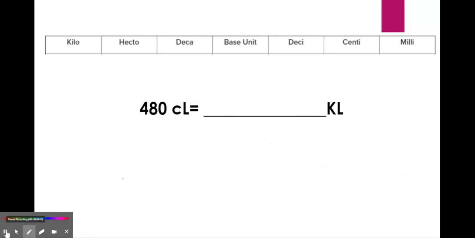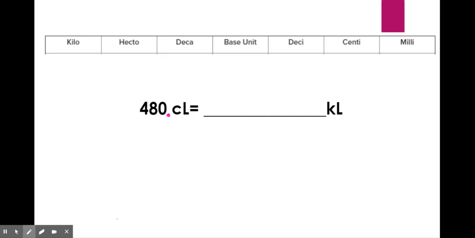Next, I'm going to show you the same exact thing, but we're going to physically move the decimal. In the number 480, the decimal is behind the last digit. We have 480 centiliters, and we would like to know how many kiloliters that is equivalent to.